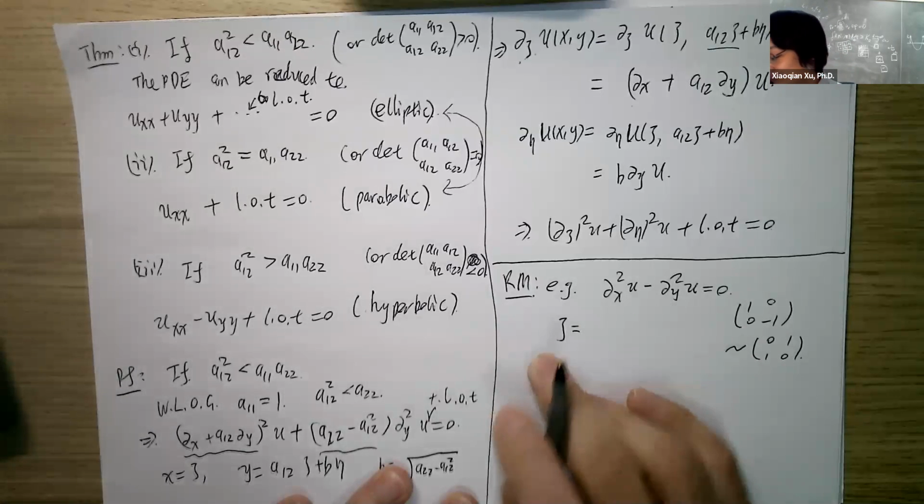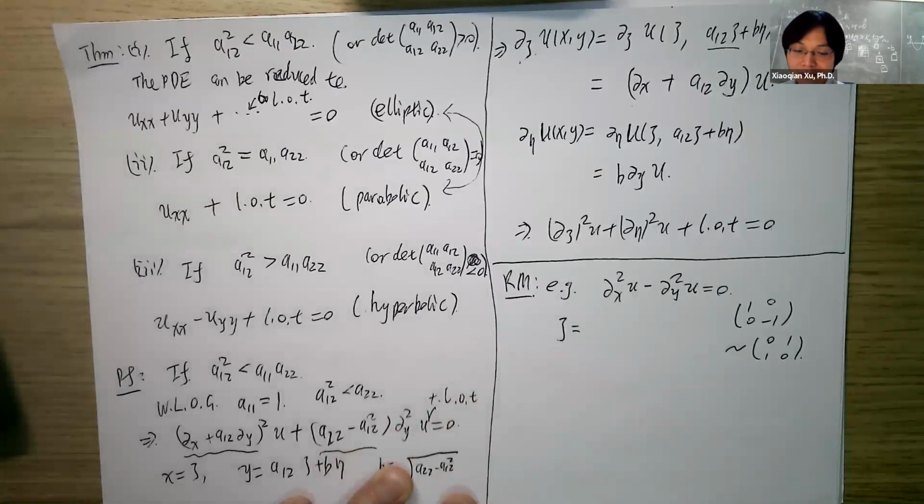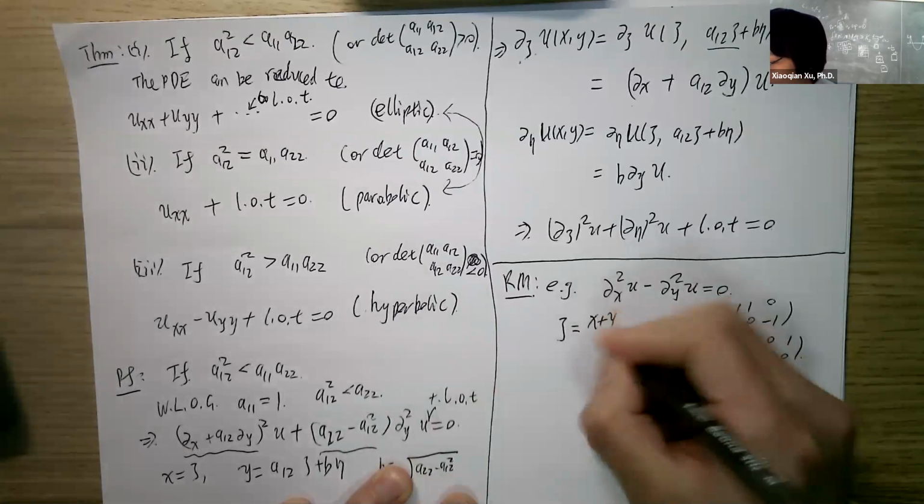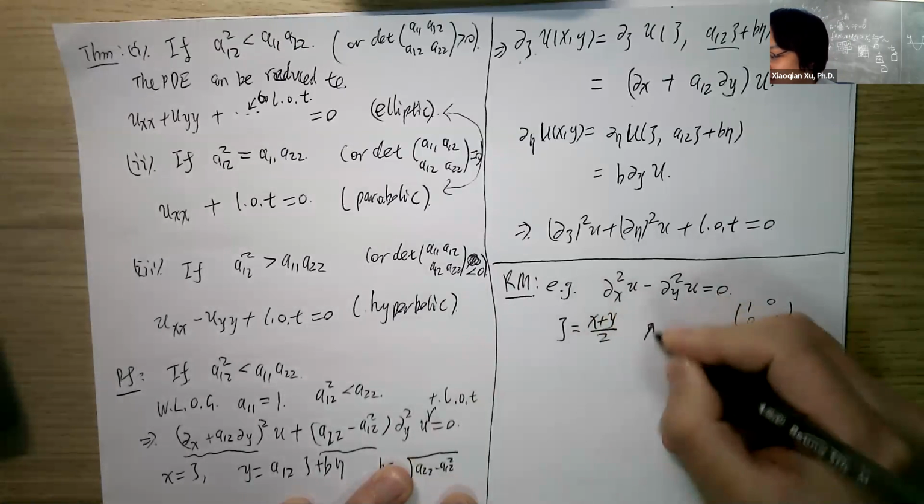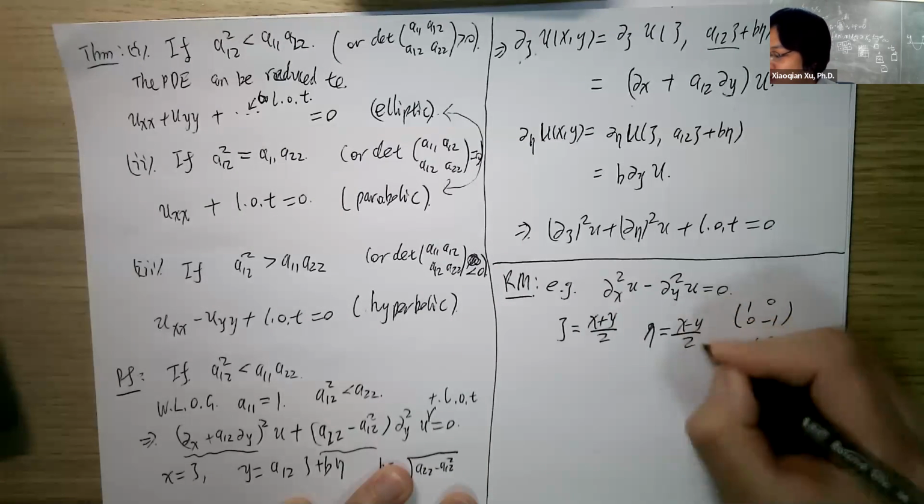So suppose we do a change of variable, xi equals x plus y over 2 and eta equals x minus y over 2.